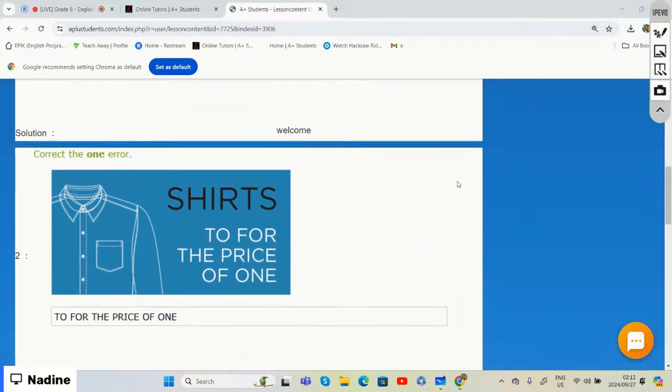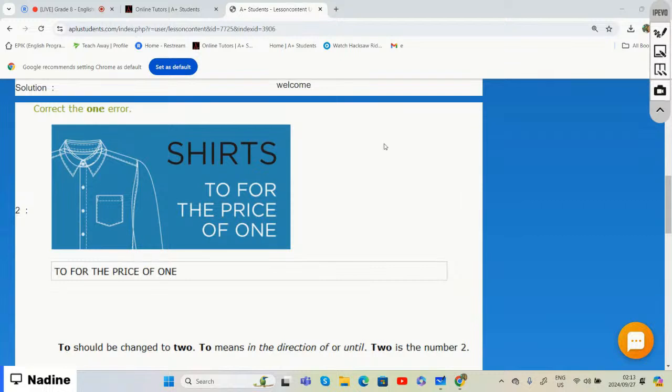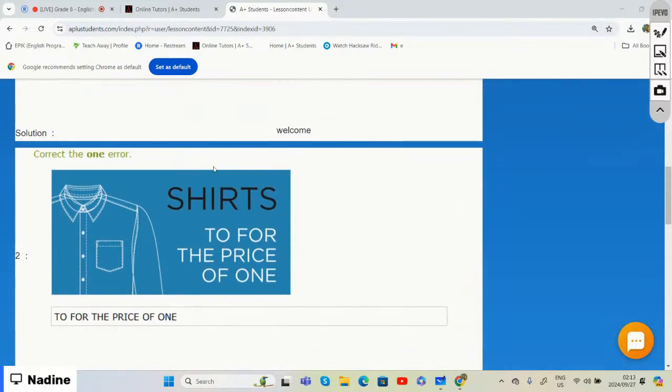All right. If we look at the next one, it says shirts, two for the price of one. Shirts, two for the price of one. What do you think is the error within that sentence? Or that, not sentence, on that board.